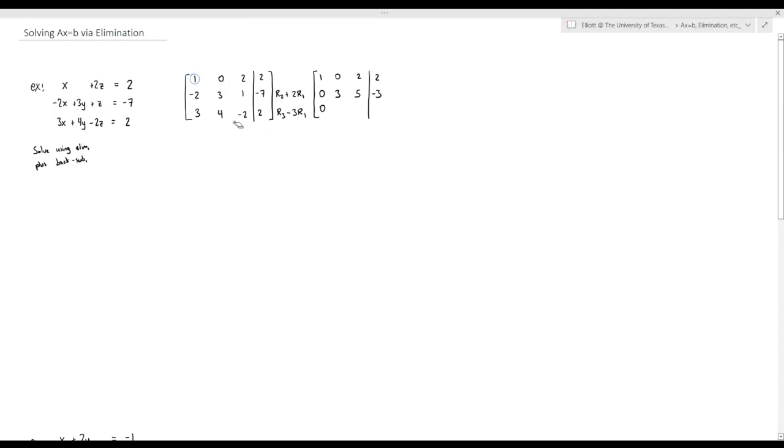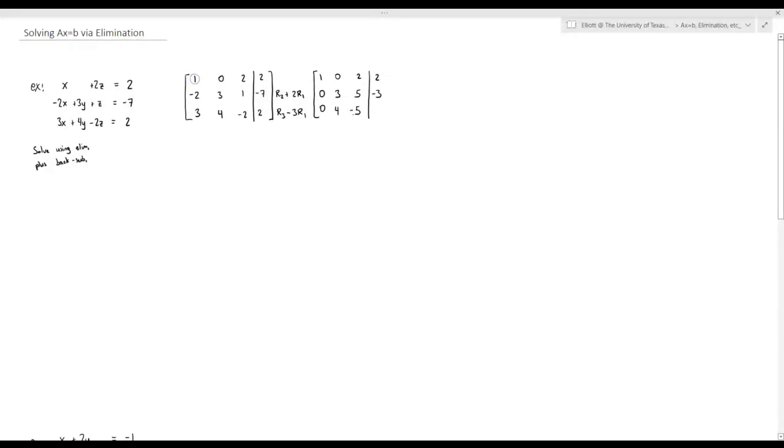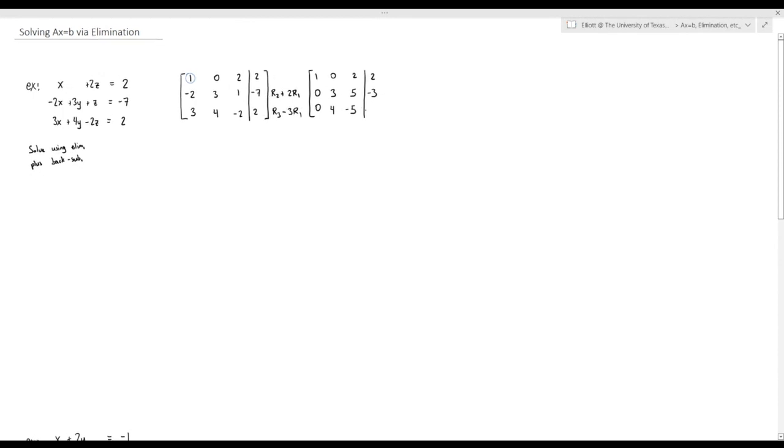And then row 3 minus 3 of row 1. Oh, sorry, I'm looking at row 2. That's my bad.